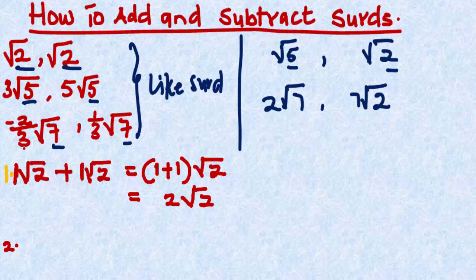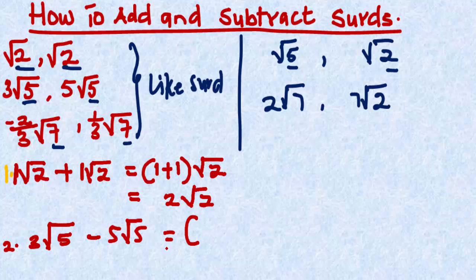Now the second one, where we have 3 root 5. In this case, let's subtract 5 root 5. The same way, we subtract the numbers outside the root, then we multiply the like surd by the result.